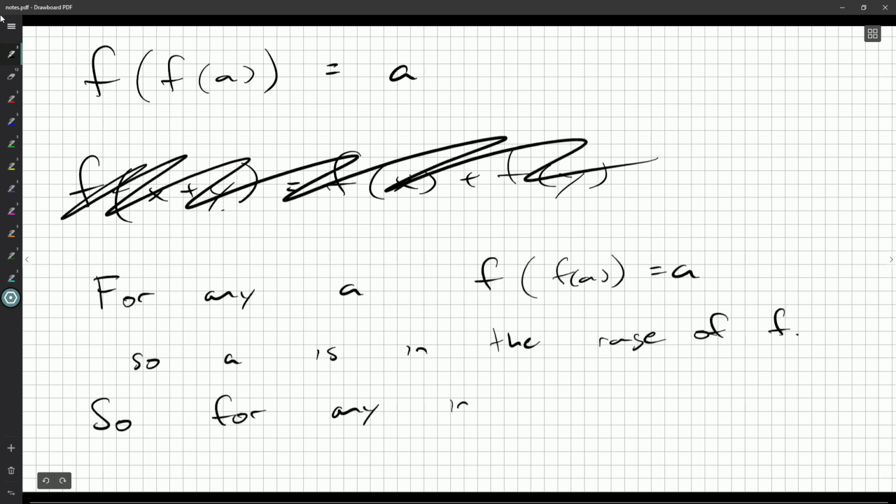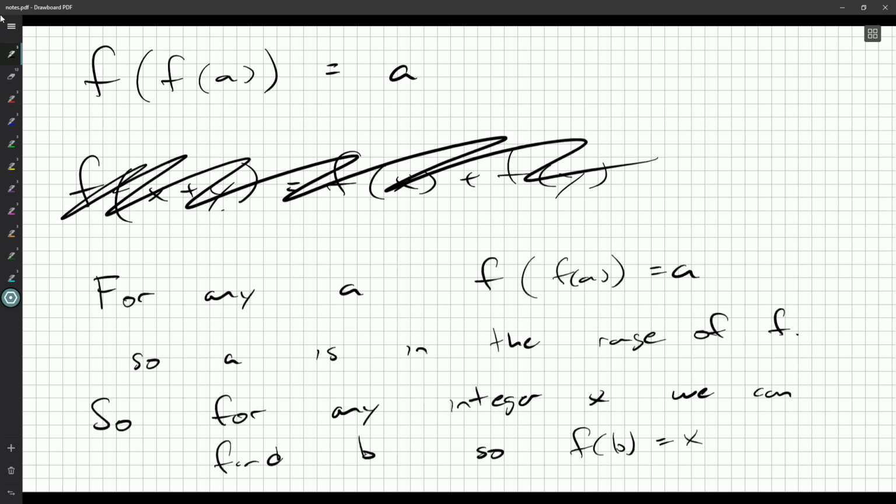So for any integer x, we can find some b so that f of b is x. Now there might be lots of b's that do this. I don't think that's the case, but there might be. Okay. F of x would have to be b.